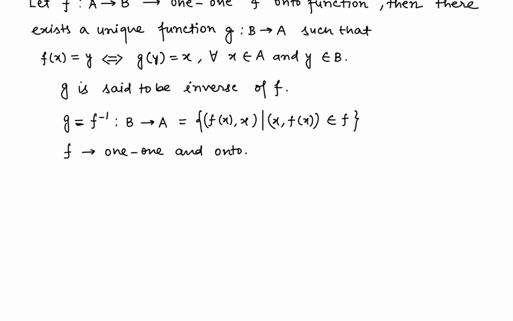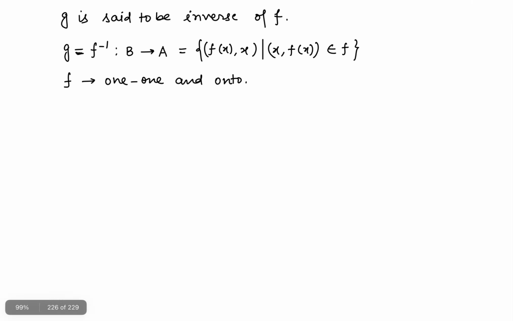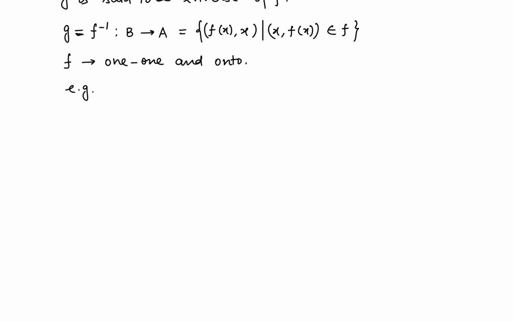Here we are going to take an example. Let A be a set which has elements 1, 2, 3, 4. B is a set which has elements 2, 4, 6, 8, and f of x is a function in x which is defined as 2x.